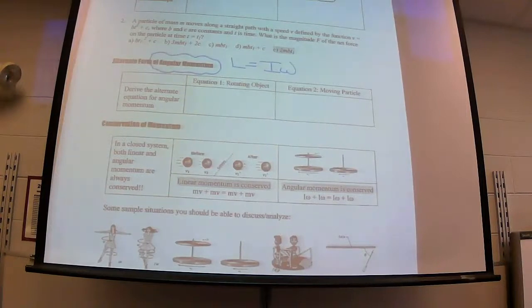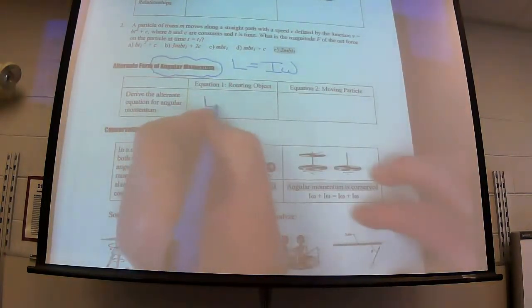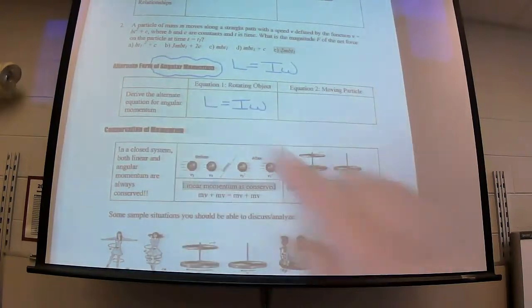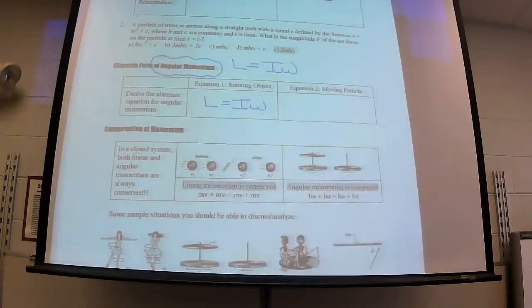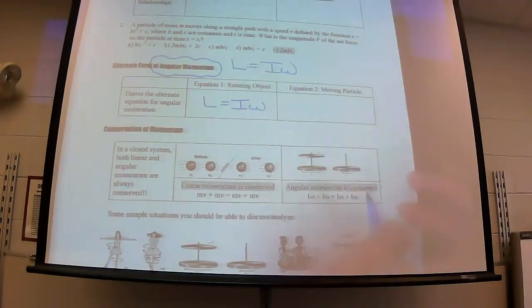Every object, everything we talked about last year had momentum. So if something's rotating, that's perfect. I just have to know the I equation for the shape, how fast it's rotating, and I know the angular momentum. But what if I had a moving particle?